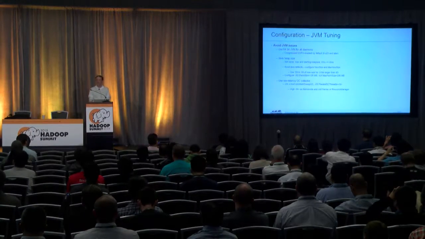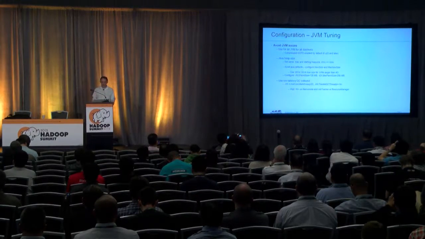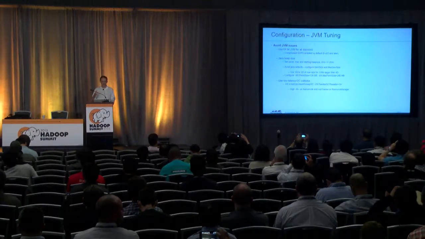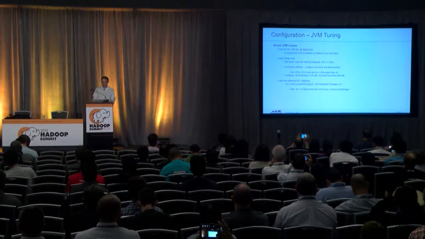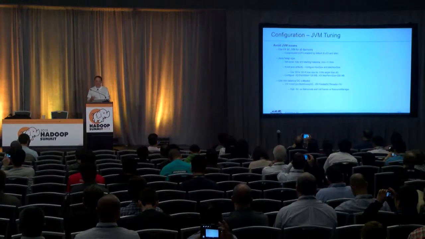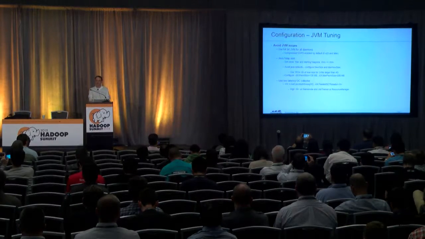Next, I'd like to talk about some common problems around JVM tuning. We recommend running all of the Hadoop daemon processes with a 64-bit JVM. We used to have a recommendation around turning on a JVM option for compressed OOPs, or compressed ordinary object pointers.